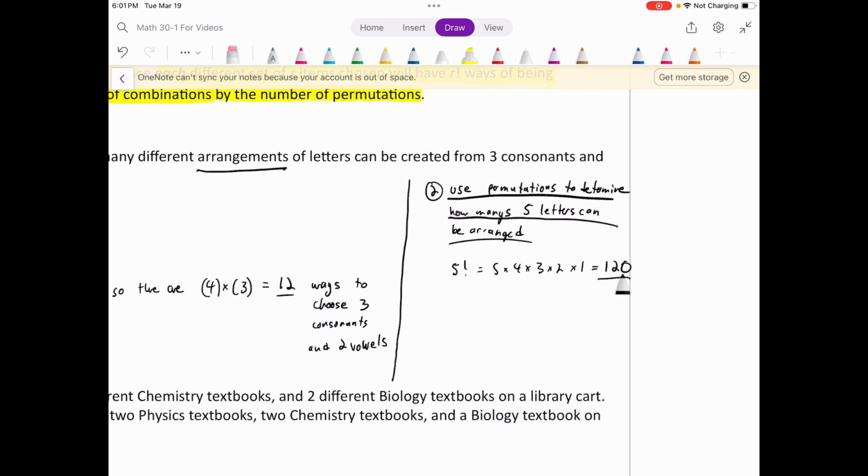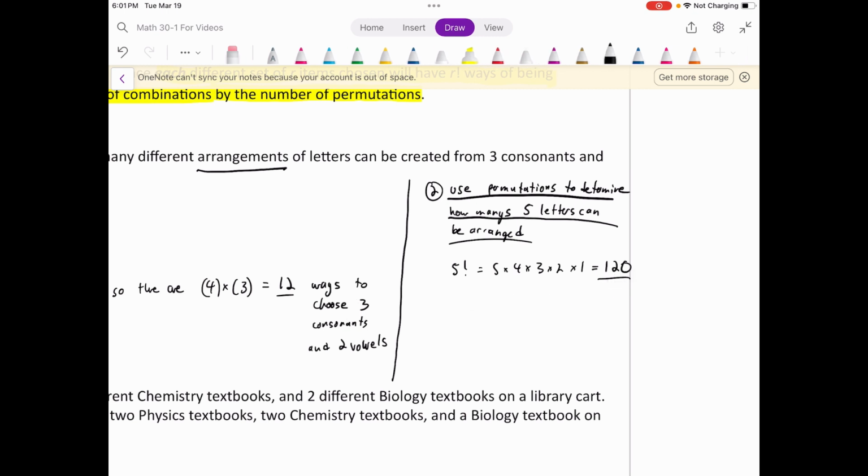But there's 12 ways to even just get our 5 letters in the first place. For all 12 of them, there's 120 ways they could be arranged, right? 5 different letters can come out 12 different ways. And then for every single one of those 12 ways, the 5 letters can be arranged in 120 different arrangements.